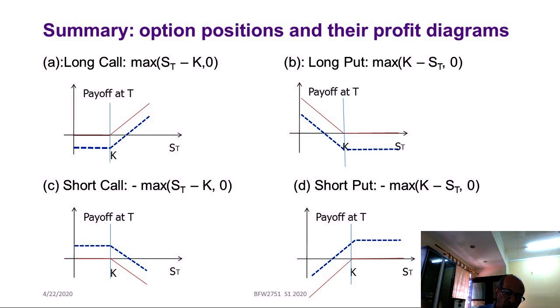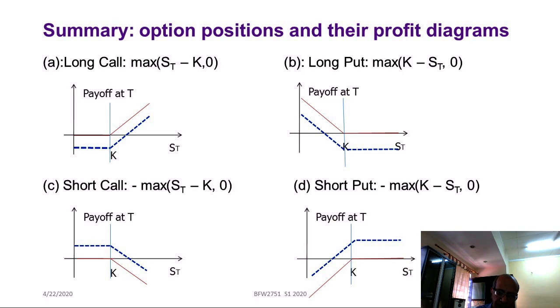Similarly here for the short call, against the long call, the function is minus max of ST minus K. Until the ST is below K, the writer makes his profit. That is from the premium. The minute the ST breaches K, he begins to lose. The minute it goes past the break-even point, he is literally going to pay you.